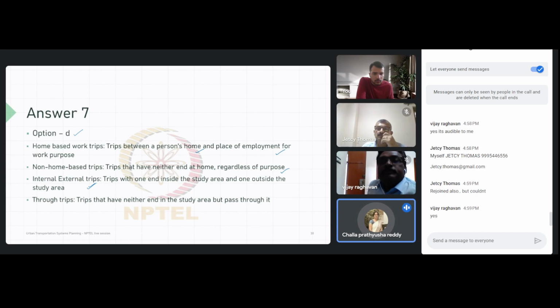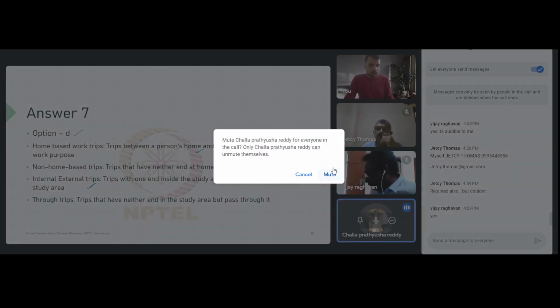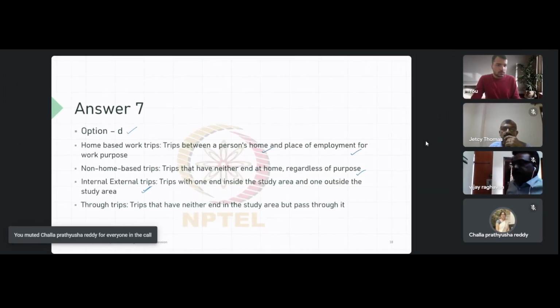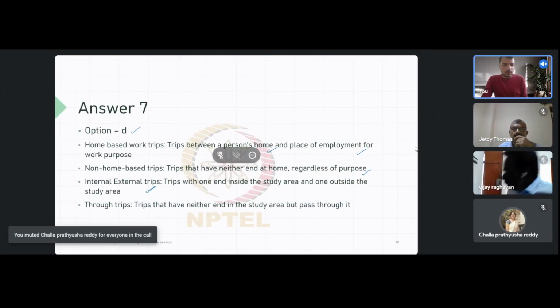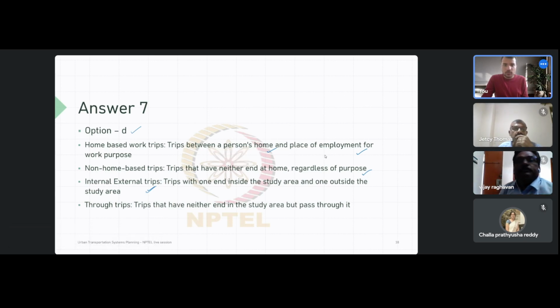Yeah, it is audible. Okay. Maybe it is an issue on your side. Since I'm audible to the other students, you can try to resolve it. Please check your internet connection once. Sometimes if it is weak, you lose the audio.